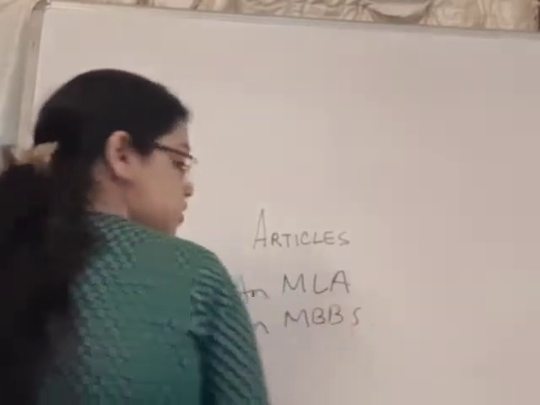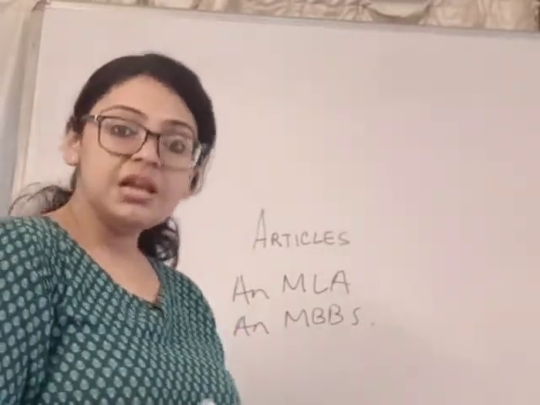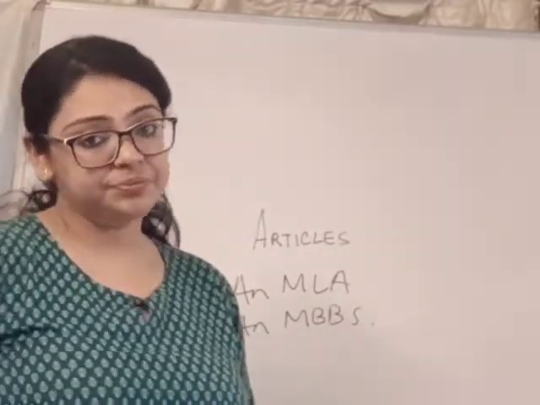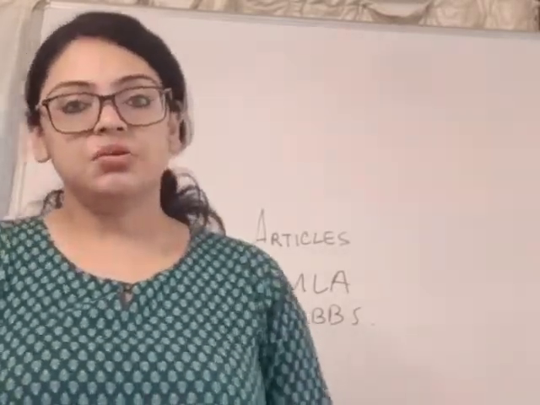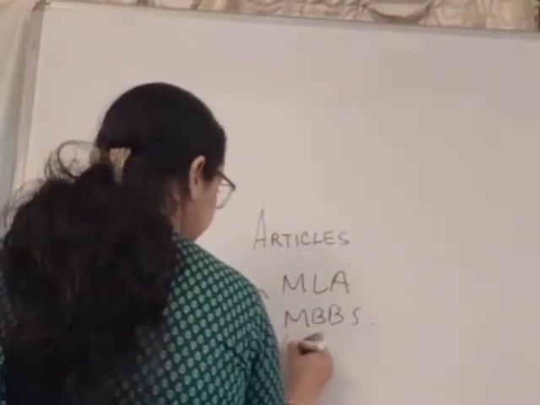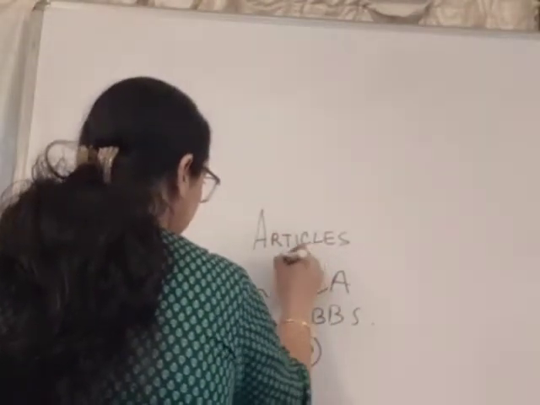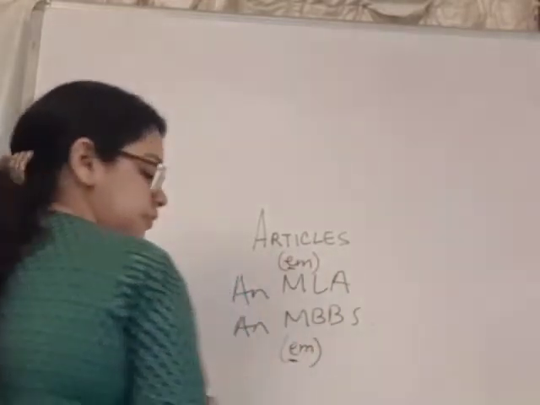He's an MBBS doctor. He's an MBBS qualified doctor. He is an MLA of the place. Okay. So go by the sound of the word, because here the sound is EM, and this is a vowel sound.